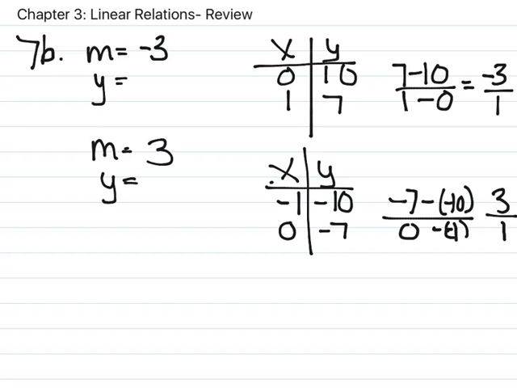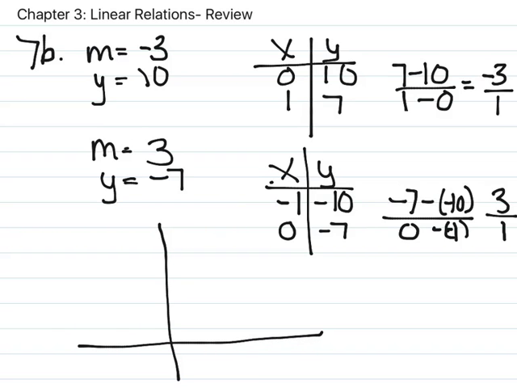And then your y-intercepts are when x is 0. So up here we have a 10, and here we have negative 7. You'll notice that these two are not going to be parallel. We will have a y-intercept of negative 7 and a slope of positive 3. This is the second table because it's positive.